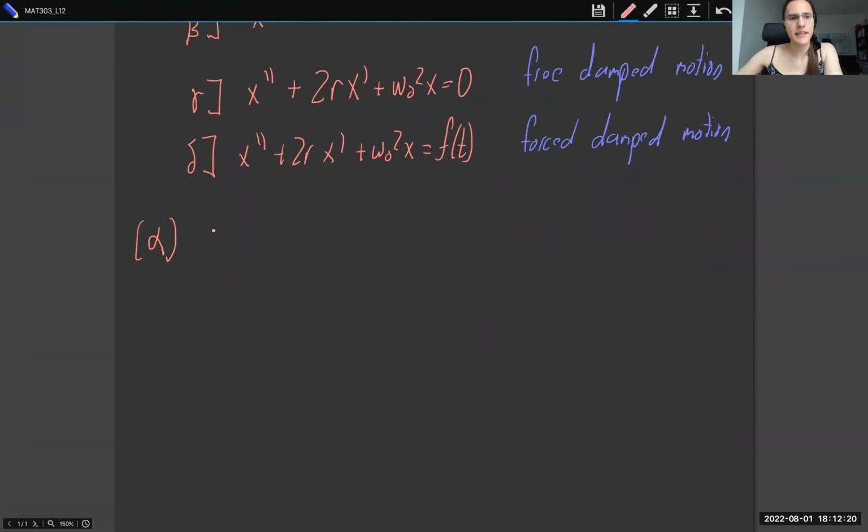And this is free undamped motion, aka simple harmonic motion.